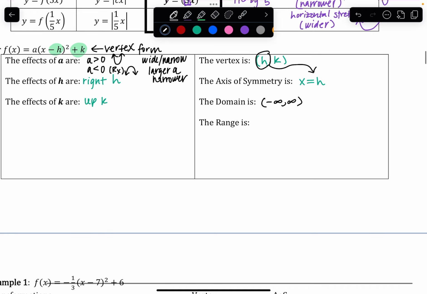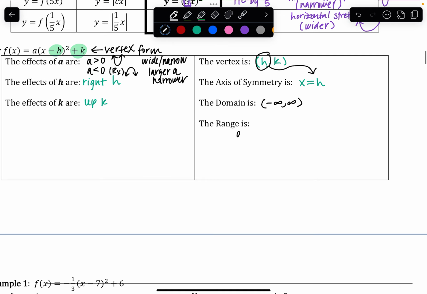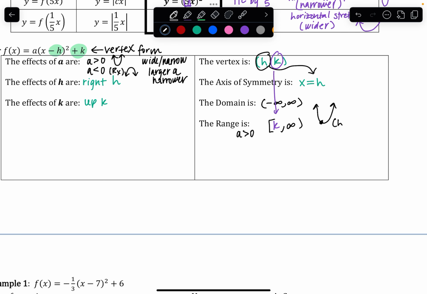Okay, and so if there is no Rx, meaning a is positive, our range is going to go from k to infinity with a bracket. Okay, because here's our graph at (h, k) with the vertex.